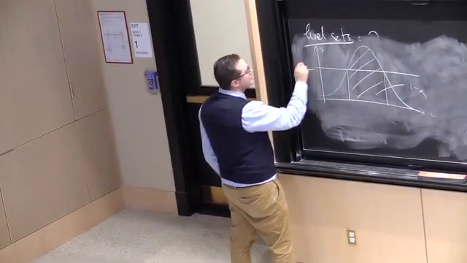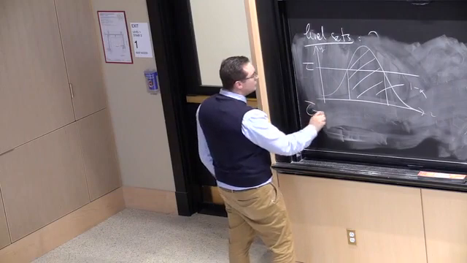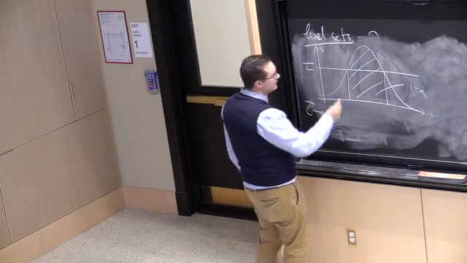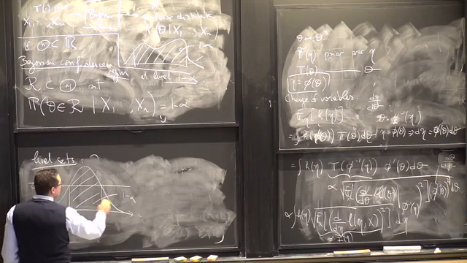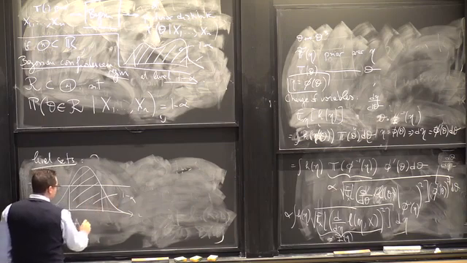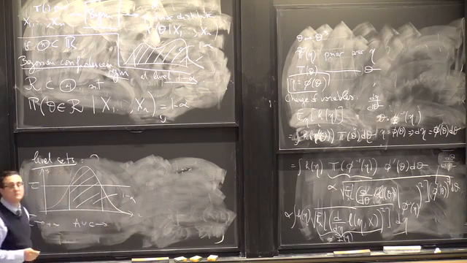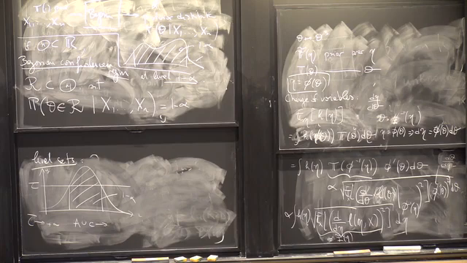So I have some threshold tau. If tau goes to plus infinity, the area under the curve is going to 0.